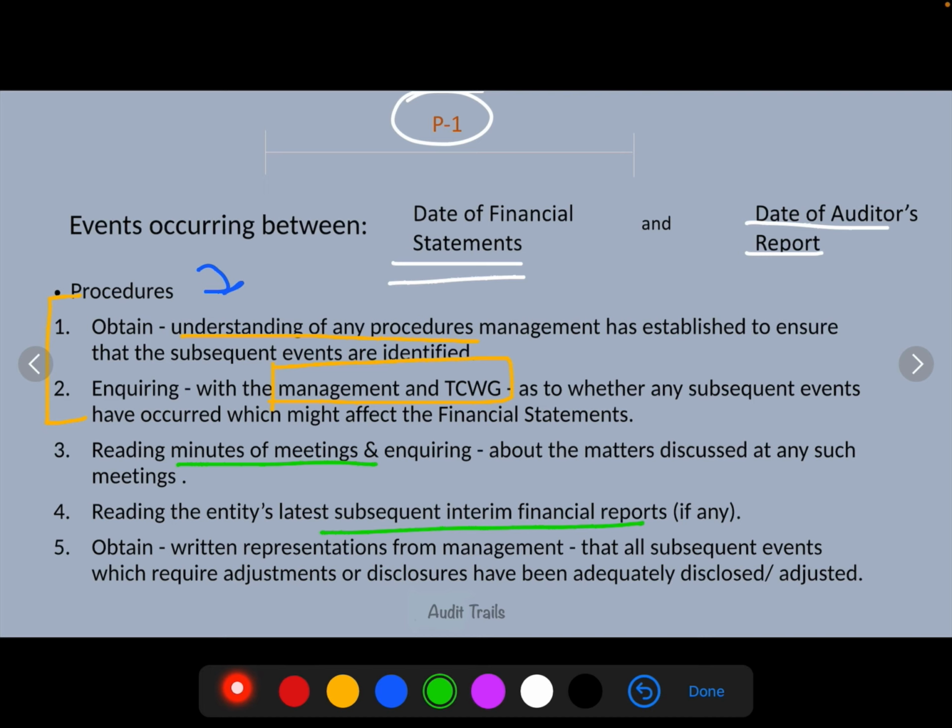After that, the auditor will simply ask for written representation from management that all those subsequent events that should have been disclosed and adjusted for are appropriately treated.